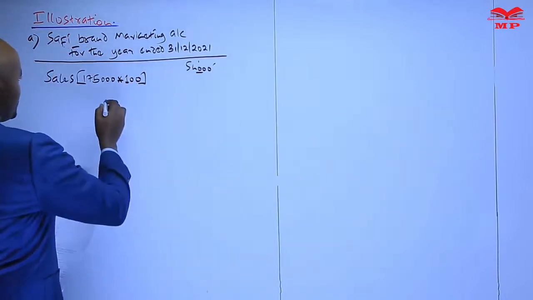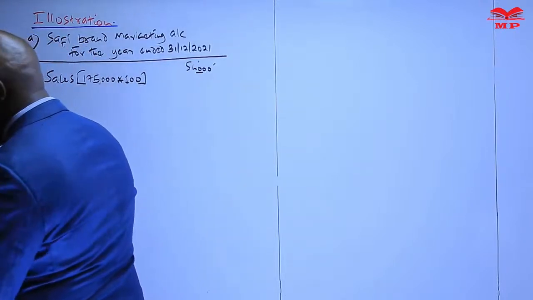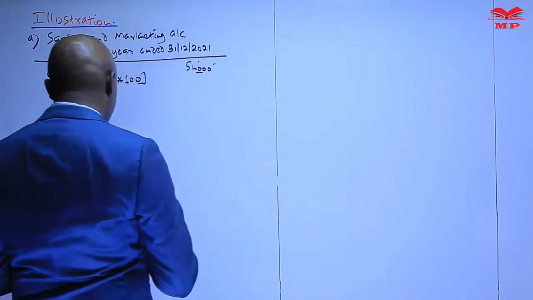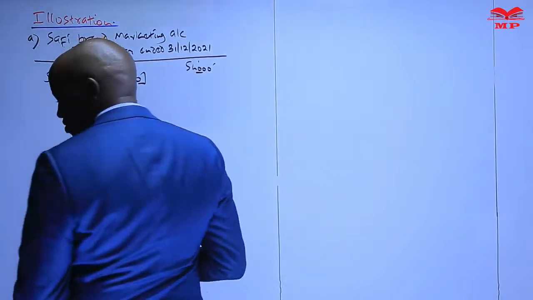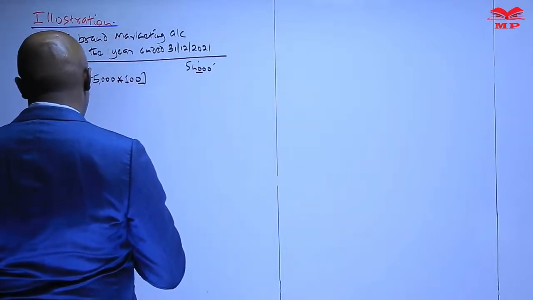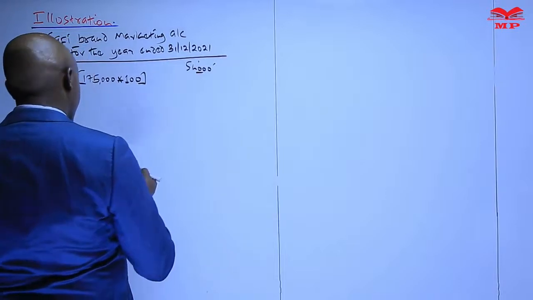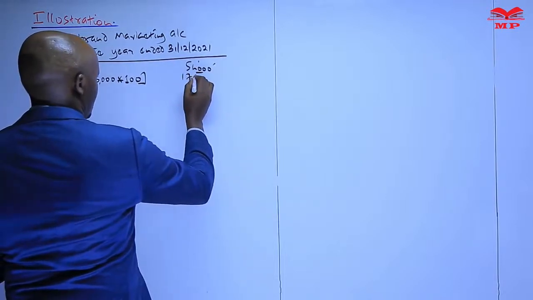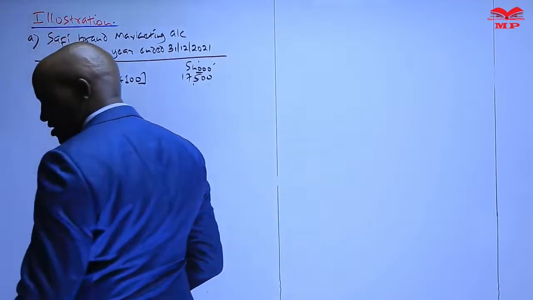So we multiply 175,000 times 100, which gives us 17.5 million. Taking into account that our figures are in thousands of shillings, that will be recorded there as 17,500.